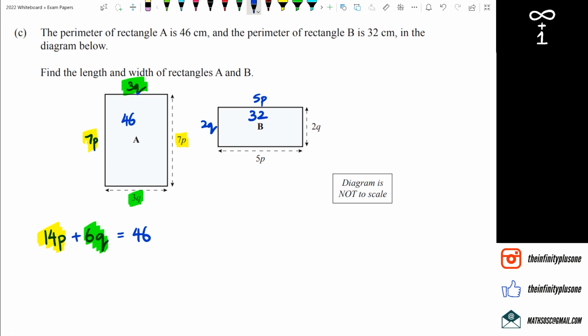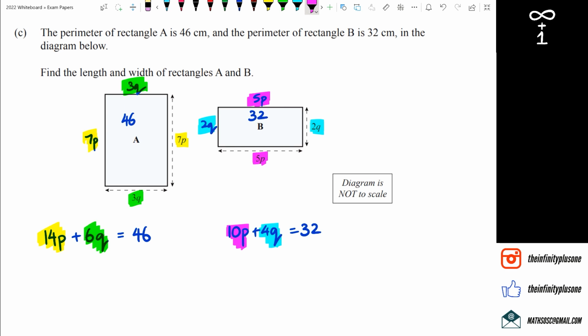Now let's look at that second rectangle B. I got 10p plus 4q equals 32. So there's my 2q's, which is the 4q there. 5p and 5p is equal to 10p.